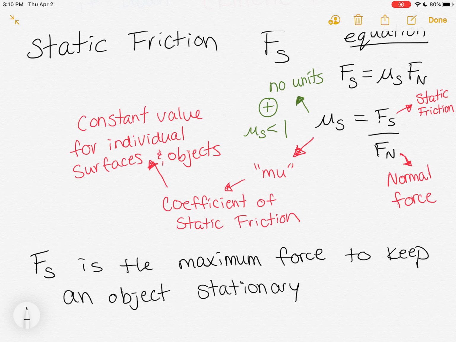What that means is that Fs is the force that's required to just get the object to move. Not before that, but as soon as the object starts to move, that's what our static friction force is. It's that instant right before. It's the maximum force that's keeping the object stationary. As soon as we can get the object to move, we've gone above our Fs.